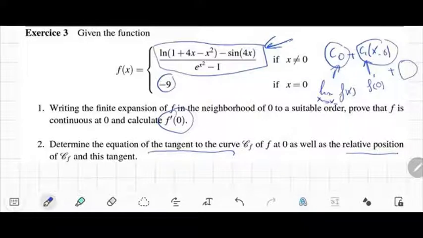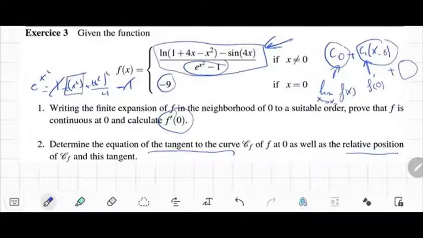Now if we look at the denominator, we have e^(x²) − 1. Well, e^(x²) starts its expansion by 1 plus u, so plus x², plus u squared, so x⁴ over 2, etc. This is the expansion of e^(x²). Now if we do it minus 1, you will lose the 1 in here. So the first term will be x².